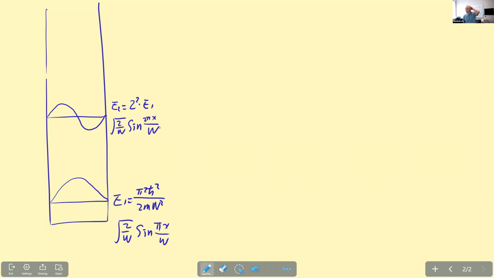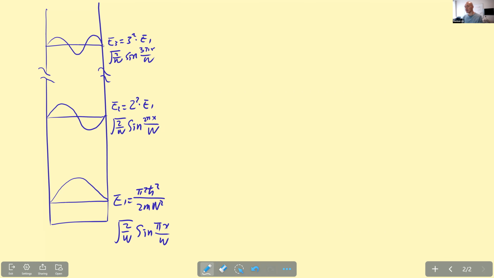And you can have E3 that equals 3 squared times E1, and this will be the sine function of 3 pi x over w, right? So this function goes like this. You can count the number of nodes.